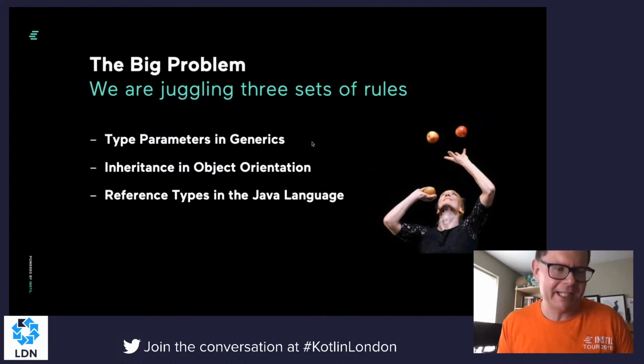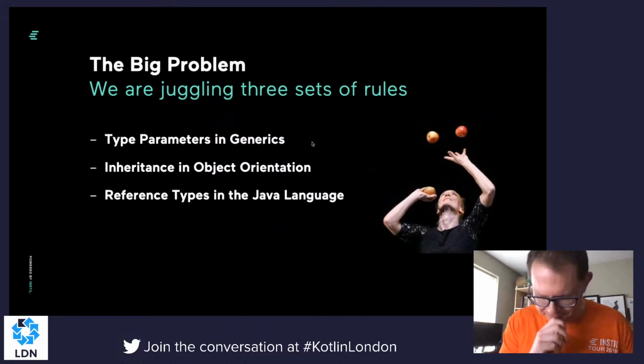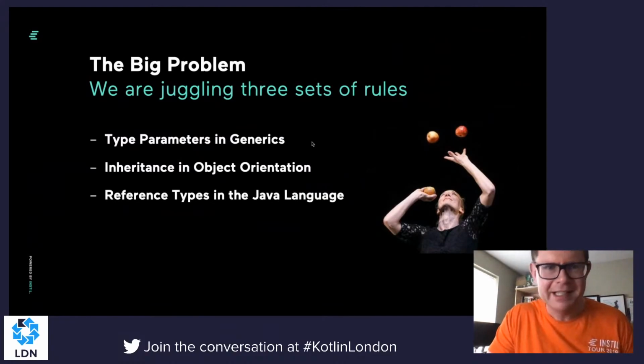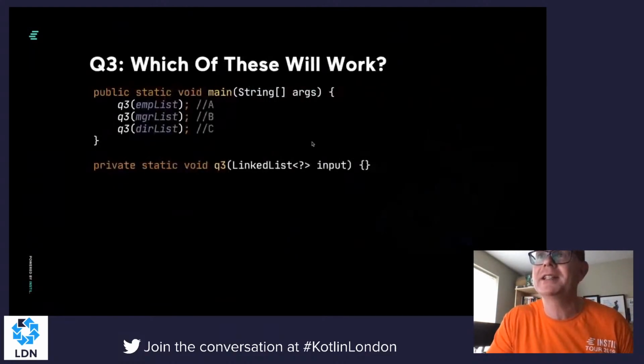And sometimes your intuitions in one direction will send you the wrong way. So your OO intuitions can send you badly in the wrong direction whenever you're thinking about type parameters and so on. So it can be incredibly difficult to juggle these things at the same time. There's a lot of cognitive dissonance, there's a lot of interference that goes on. So that's what makes generics particularly hard.